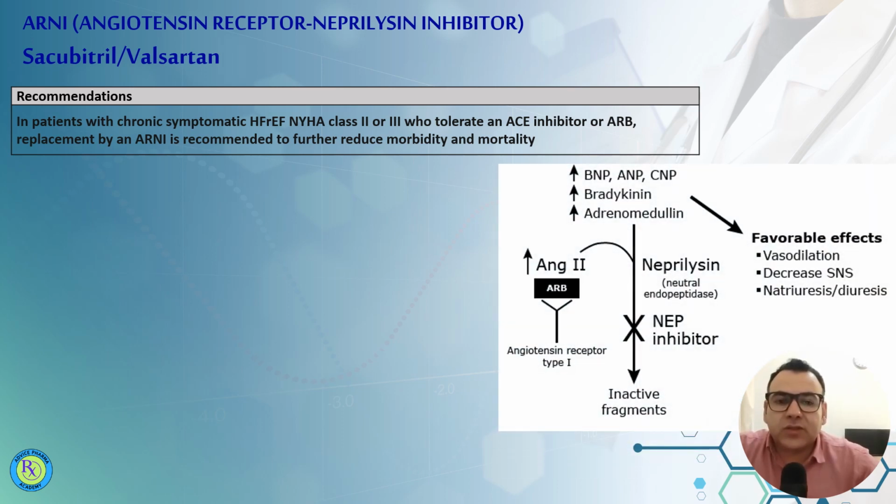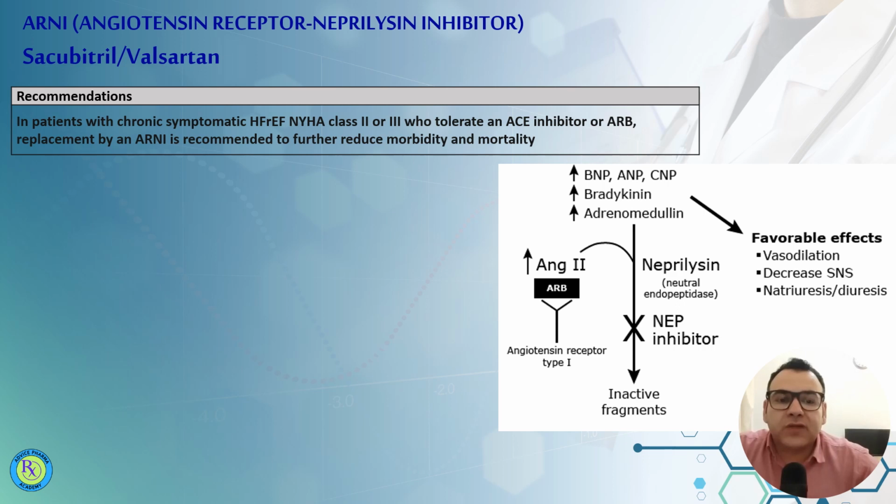How does it work? It's a neprilysin inhibitor and angiotensin receptor blocker. Neprilysin breaks down vasoactive peptides, which are here like ANP, BNP, CNP, bradykinin, adrenomedullin. All these are vasoactive peptides. They produce a favorable effect in the heart: they cause vasodilation, decrease sympathetic nervous system activity, and cause diuresis.